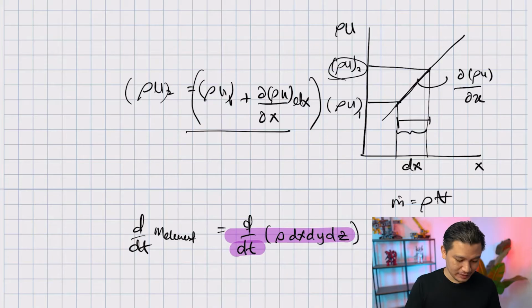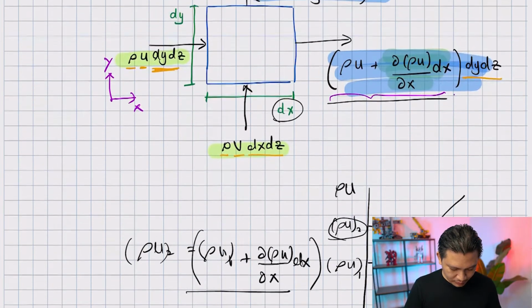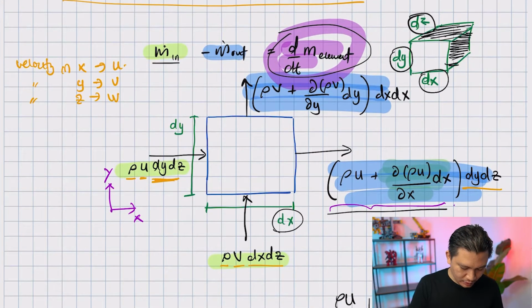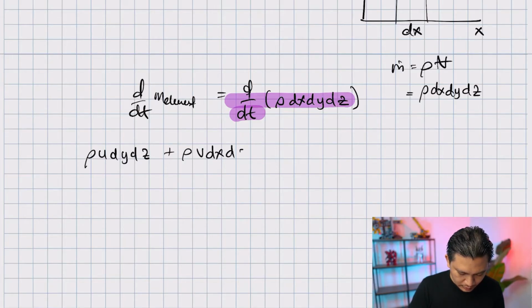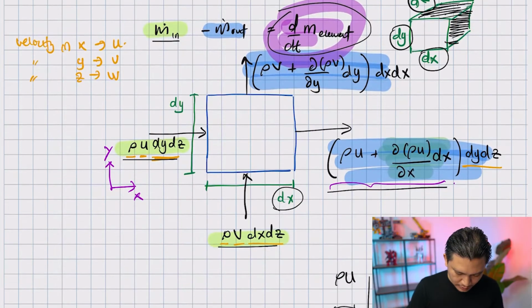Now let's do that. Okay, right. So let's start with the m dot in. So our m dot in is rho u dy dz and rho v dx dz. Now rho u dy dz plus rho v dx dz. Okay, so these two are done.